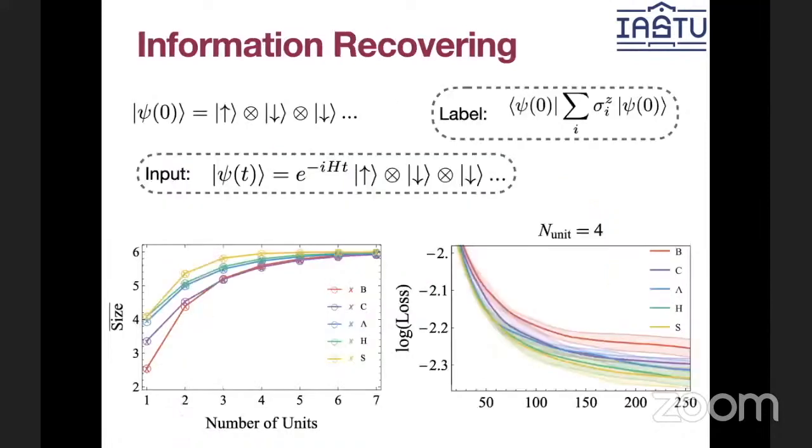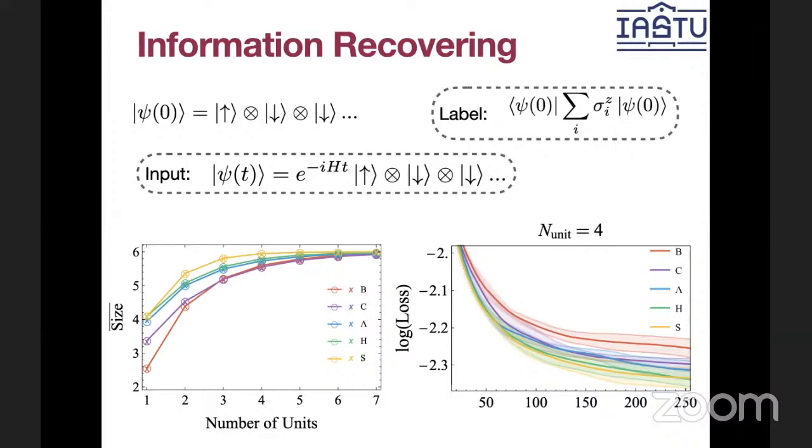Now we use two machine learning tasks to verify this conjecture. First is a quantum information recovery task. Here we have a set of product states, and we have the label of each one. The label is the total magnetization of these different product states.